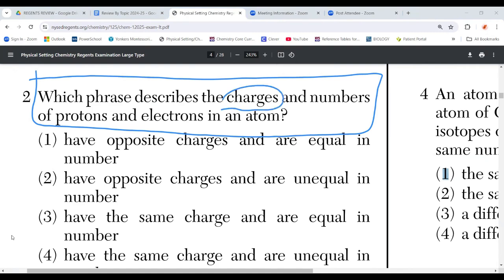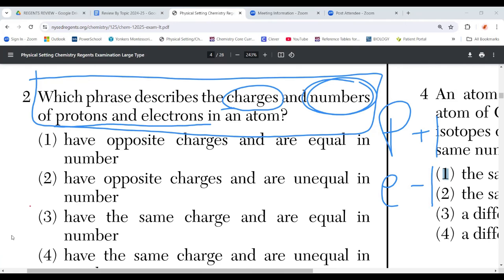So I'm going to say first the charges of protons and electrons. So let's do that in blue. A proton has a +1 charge, an electron has a -1 charge, right? Now I've got my charges. Then I'm going to look at the numbers in an atom. Okay, if I know by definition the protons and electrons in a neutral atom, that's an atom that does not have a charge overall.